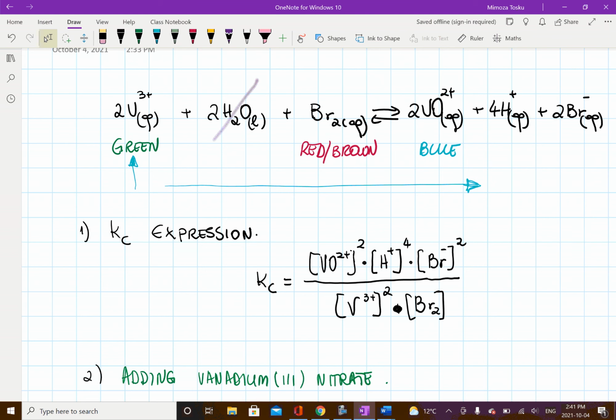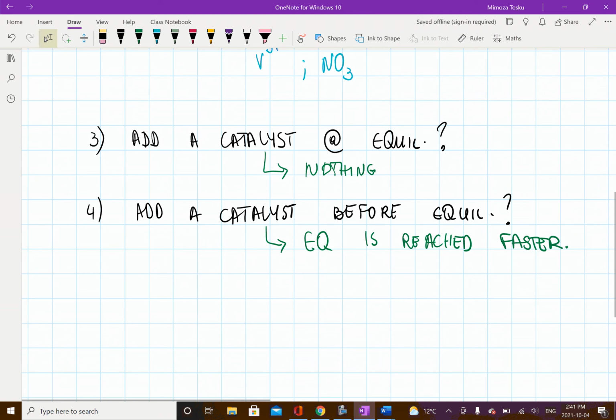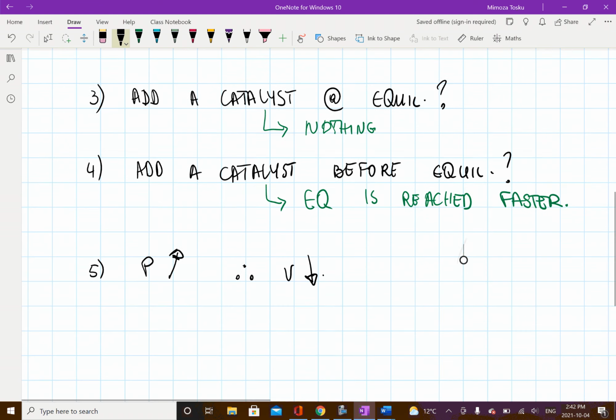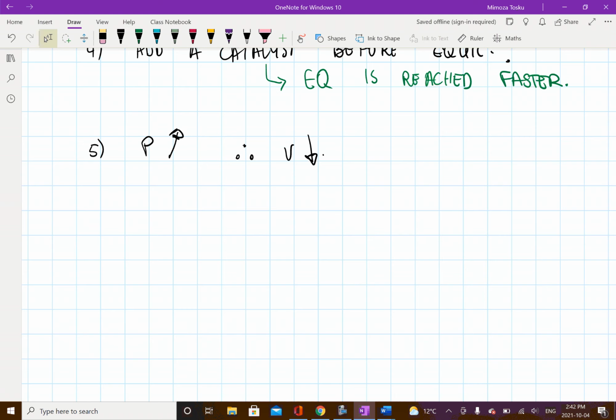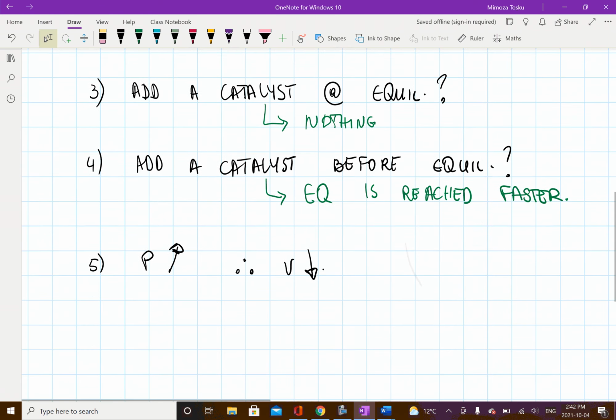The next one will be: what effect will there be if the pressure is increased? What did we say about pressure? If the pressure is increased, the volume is decreased, which means that in general the equilibrium will shift toward the side with fewer molecules.